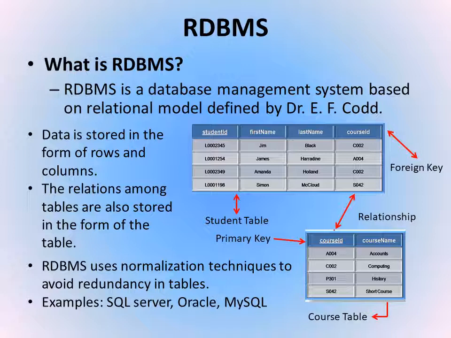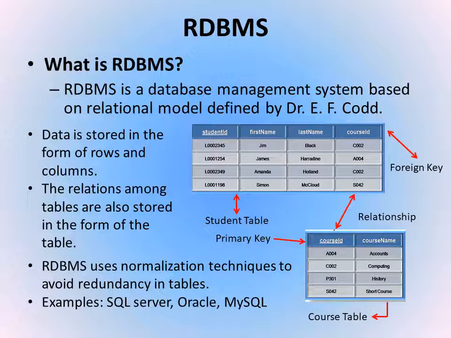Now when we use the normalization technique, that means when we normalize our database, when we normalize our tables, then there are minimum chances of duplication of data. So normalization is the process of breaking down a larger table into smaller tables and then linking these tables using relationships.